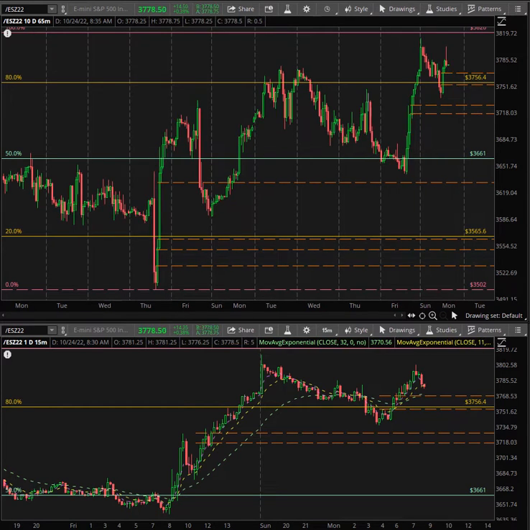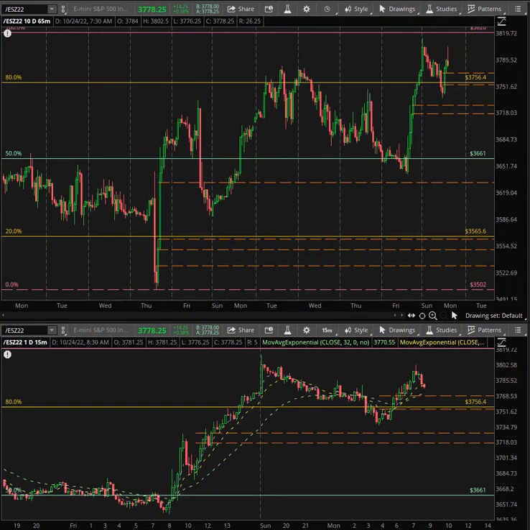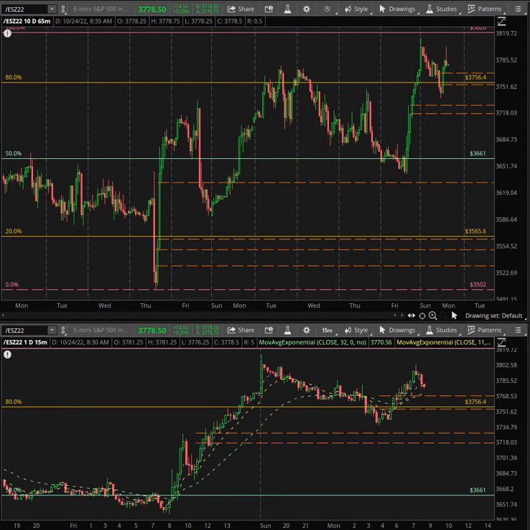But again, I didn't want to take the risk of putting my stop in a place where I thought I could withstand the morning volatility. So at this point, I just closed the trade for a very small win when, just prior to that, I should have sold into strength.